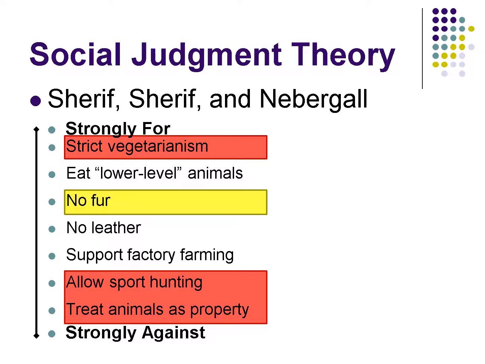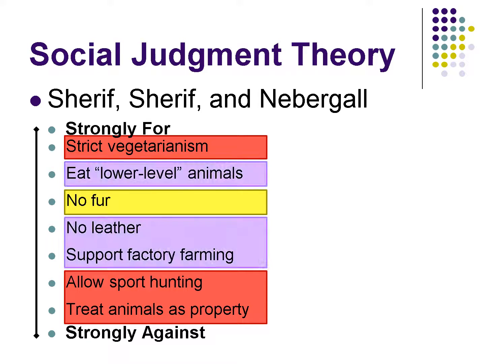So you feel strongly about the no fur position, but you reject the idea that you can't eat an animal, and by contrast, reject the idea of killing an animal just for the fun of it, right? So you can reject the ends and still take a piece out of the middle.